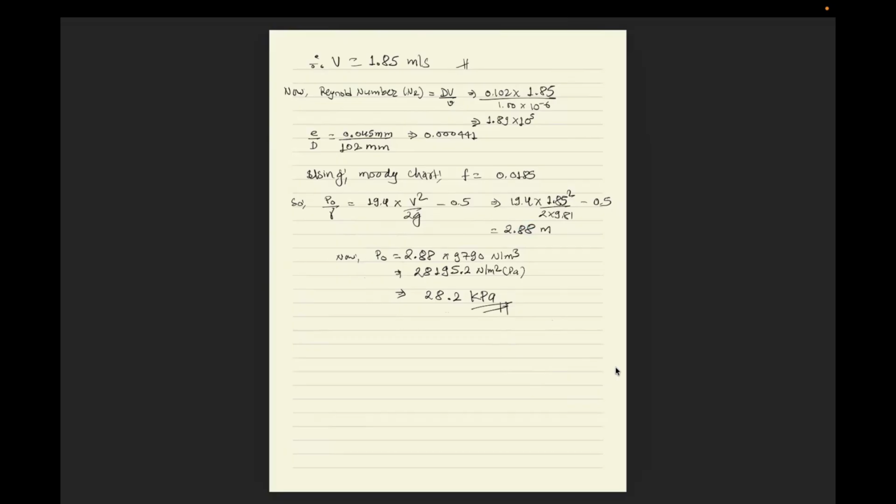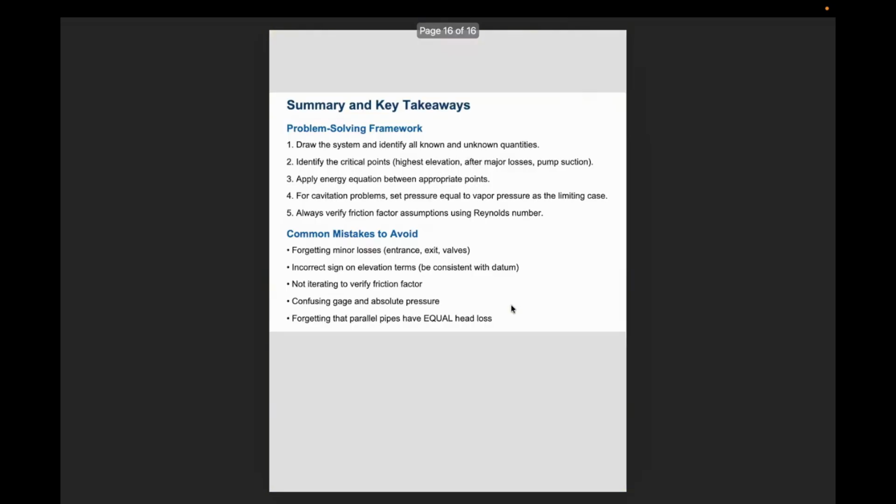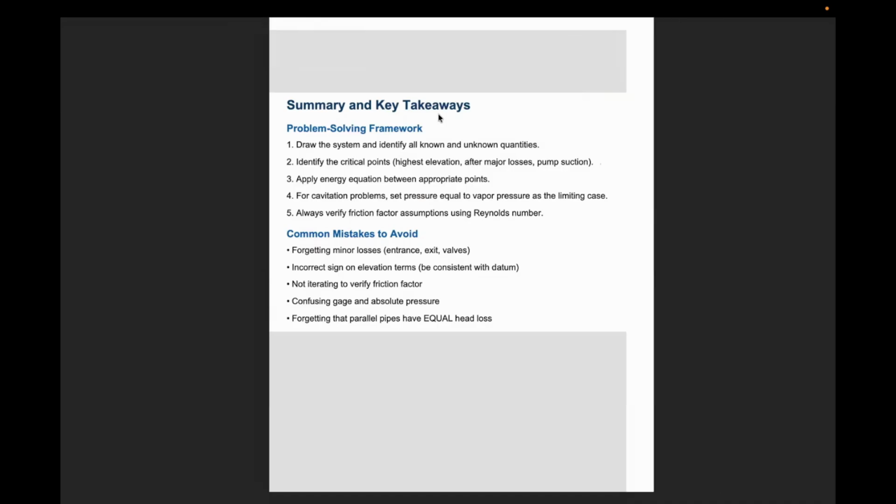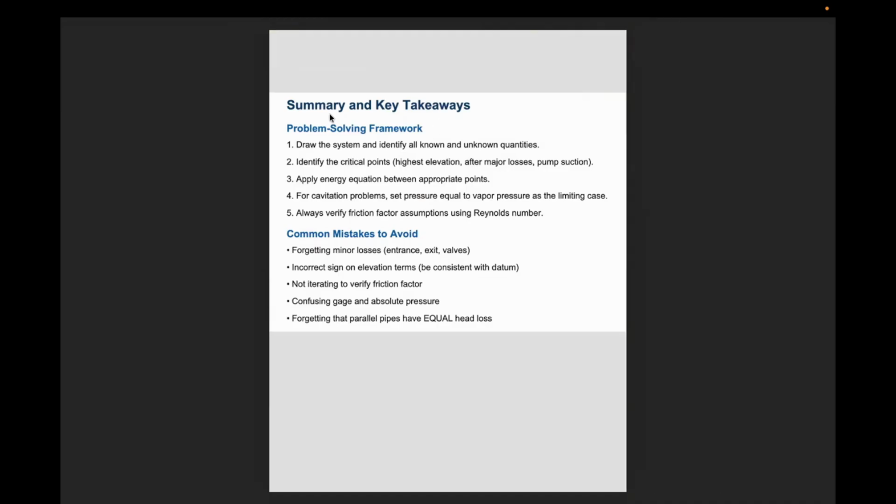So now since we solved all the problems, here are some summary and key takeaways. For solving problems related to head loss, pipe analysis, and cavitation, we need to take care about the figure.